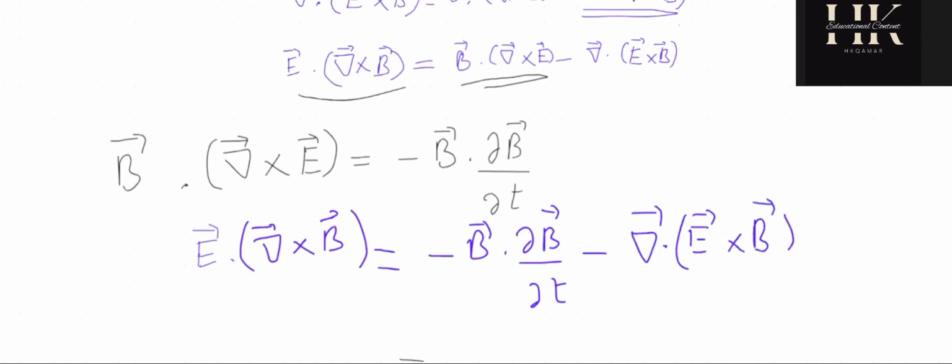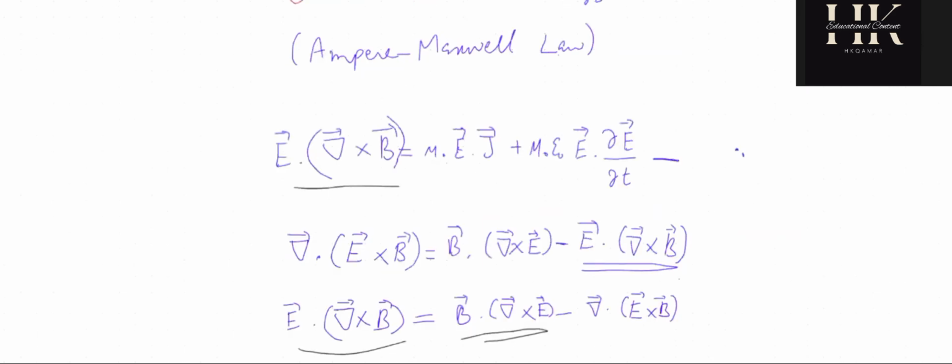Now we will equate the two equations. E dot del cross B, the equation that we are going to equate is this one. Let's name this equation as equation 2, and this equation, let's name it as equation 1.